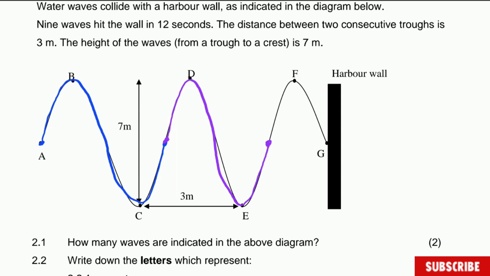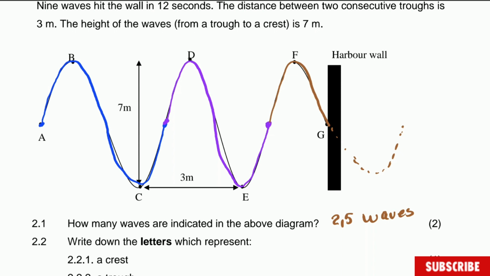So those are 2 waves, and then from there you can see it's going all the way up until here, so that is half a wave. If it was complete wave, it will go all the way there. So it is 2. How many waves are indicated in the above diagram? There is 2,5 waves.